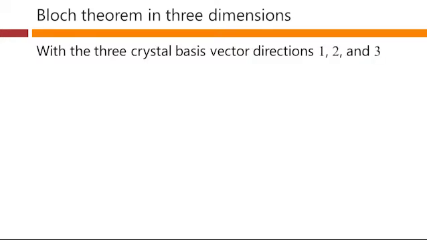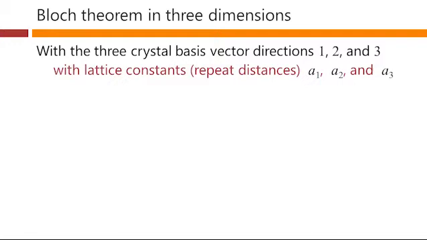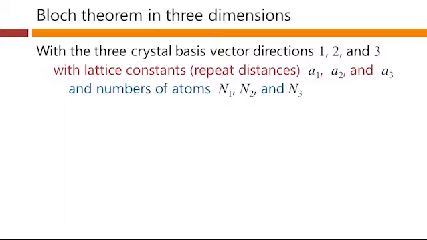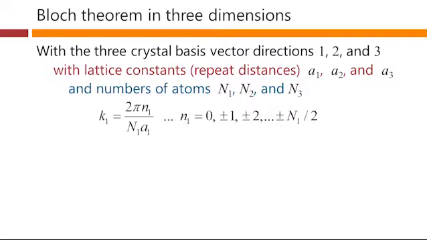So, with 3 crystal basis vector directions, 1, 2, and 3, which we could think of as x, y, and z, but they don't actually have to be orthogonal in general, and with lattice constants, that is, repeat distances a1, a2, and a3 in the 3 different directions, and numbers of atoms N1, N2, and N3 in the 3 different directions, then we would have values of k1 corresponding to n1s taken from this list, so 2π n1 over N1 a1.